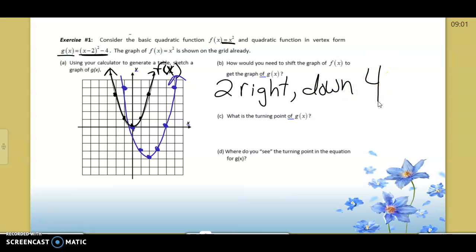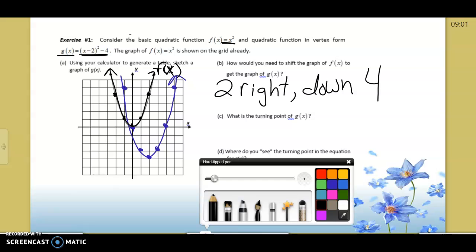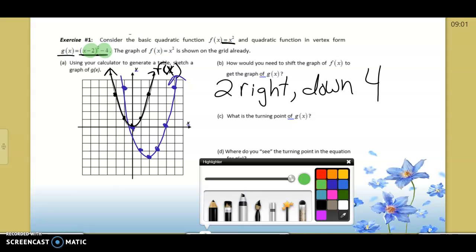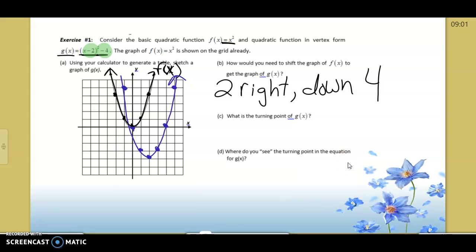Now, that's kind of interesting because let's take a look at what the turning point was. The turning point was a -2 and a -4. So the turning point in the equation kind of helps us out with what we have here. This turning point was at +2 and -4.